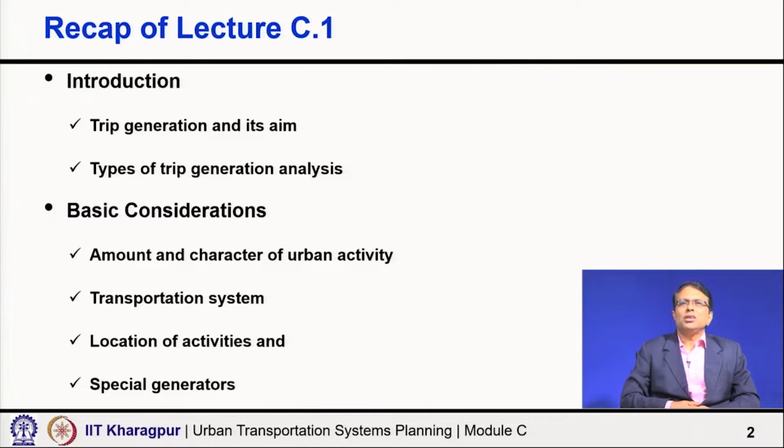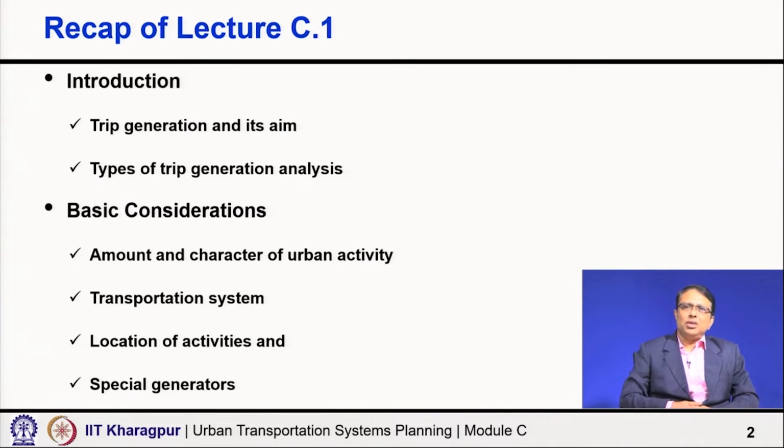Then we also discussed the various basic considerations. When we are talking about trip generation, both the amount and character of urban activities are important. The transport system again influences trip generation, but we said that generally we do not consider this, though the effect or impact is very much there.